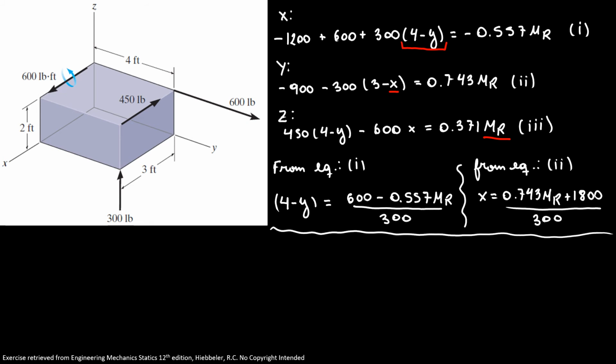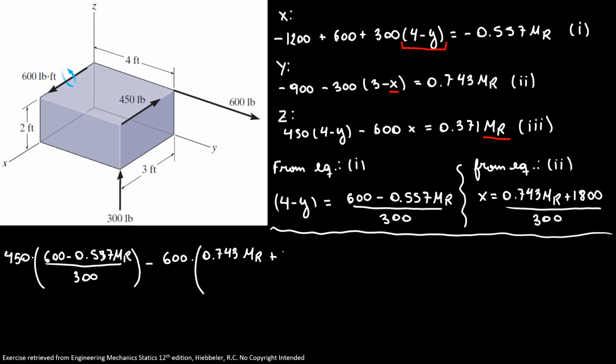If I plug this into equation 3, I have 450 times (600 minus 0.557 resultant moment) over 300, minus 600 times x, that is (0.743 times the resultant moment plus 1800) over 300, has to be equal to 0.371 times the resultant moment.